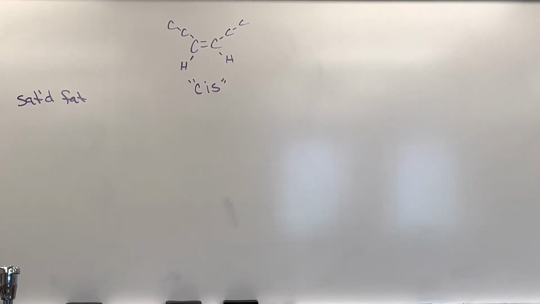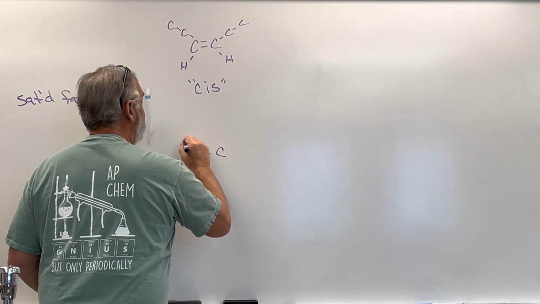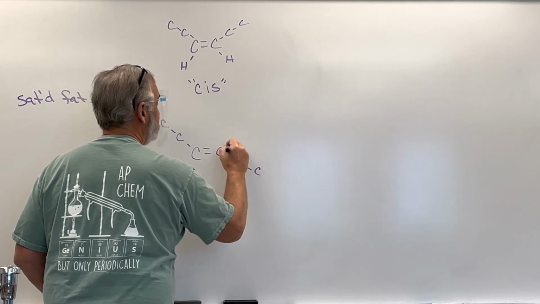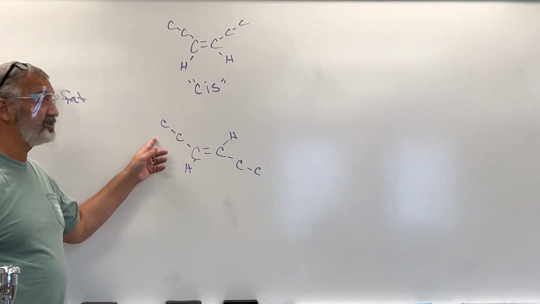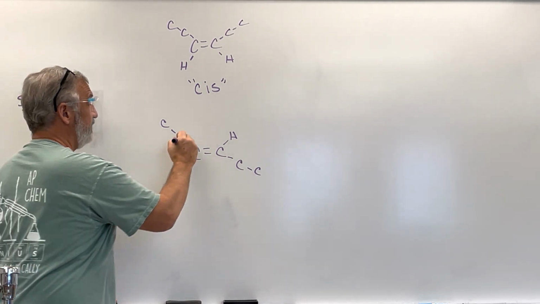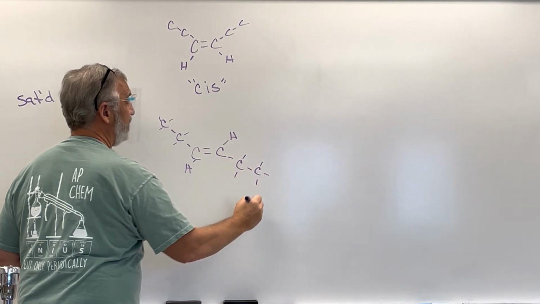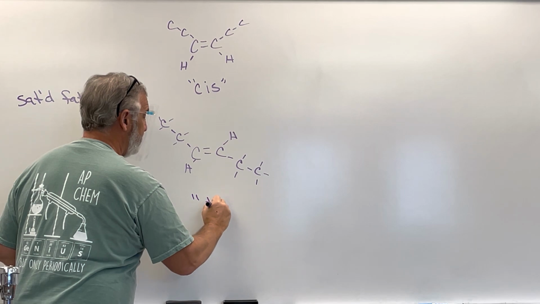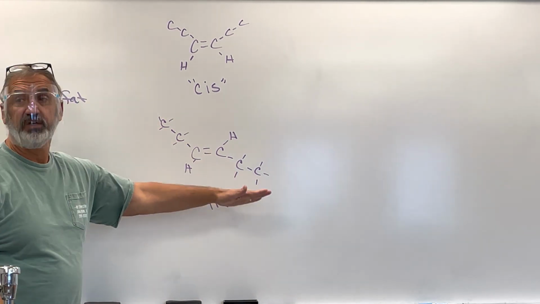It's a cis unsaturated fat. On the other hand, if we have the double bond on the opposite sides, like this, just a little change in the structure, these are all hydrogens coming off of here. Hydrogen, hydrogen, hydrogen. But now, this is called the trans, like the transcontinental railroad, across. It's going across the double bond.